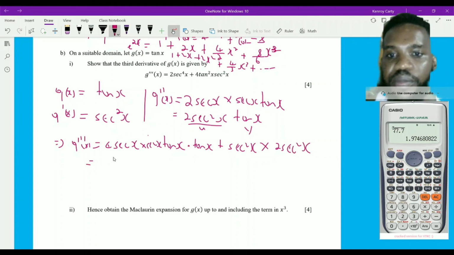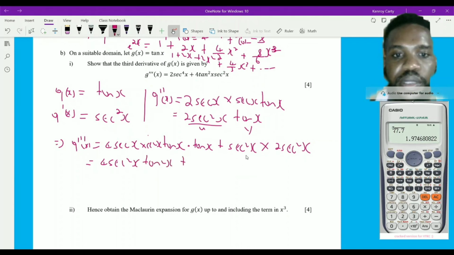Now it's time to break this down. So you have 4 sec x times sec x. That's 4 sec squared x. Tan x times tan x is tan squared x. Plus sec squared x times sec squared x, well, times 2, is going to give me 2 sec to the 4.